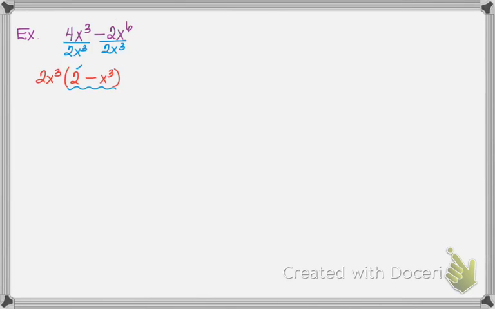Then x cubed divided by itself, since those are an exact match, they divide out and make a 1, which is why all we have left is the 2. On the other one, negative 2 divided by 2, the 2's divide out, and we're left with a negative 1, which we don't really need to write. And here, because these are not an exact match, the rule is that we keep the base the same and we subtract the exponents. So that's where this x to the third comes from.